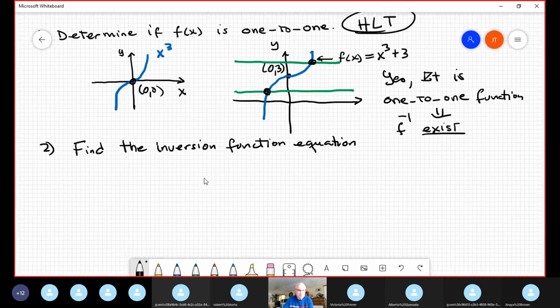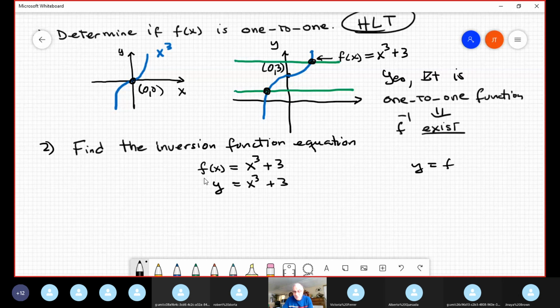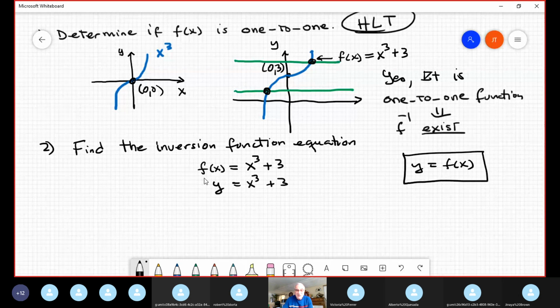Okay. I copy my function. My function is f of x equal x cubed plus 3. I replace f of x with y because they are equivalent, no? In function notation, y is equal to f of x. This is classical. In this case, it is more convenient using y.